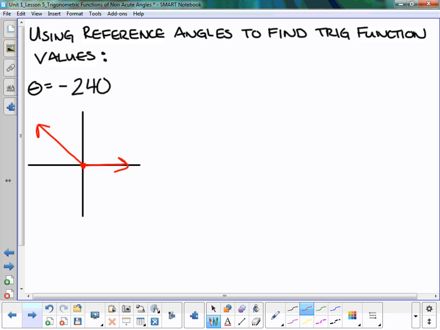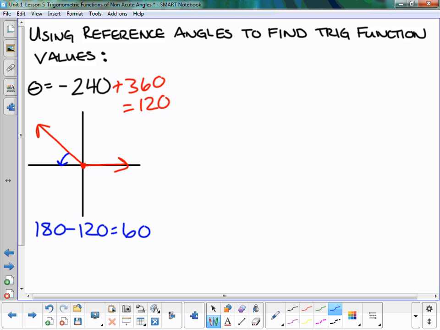For the coterminal, I can just add 360 and get that my coterminal angle is 120. So my reference angle is right here, and it's 180 minus 120, which is 60 degrees.